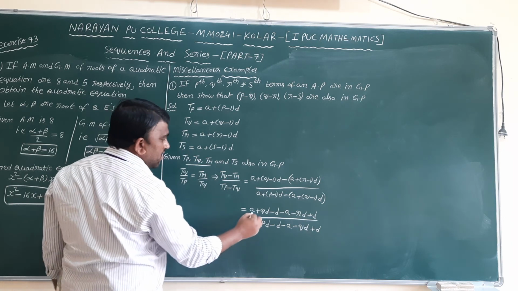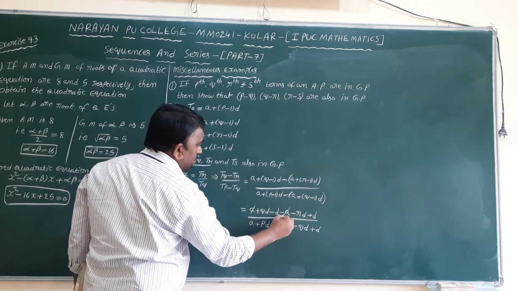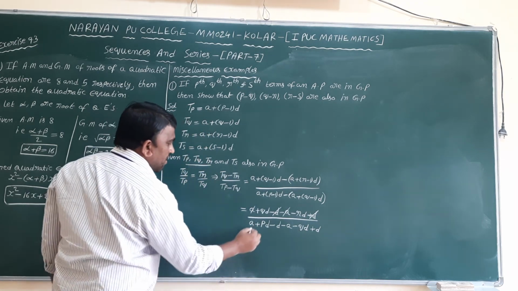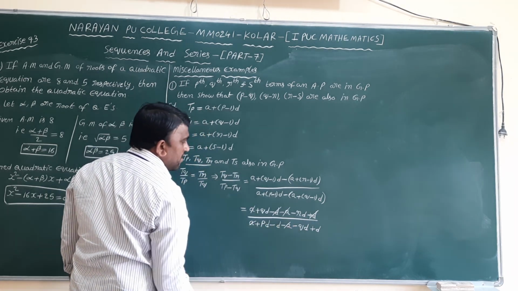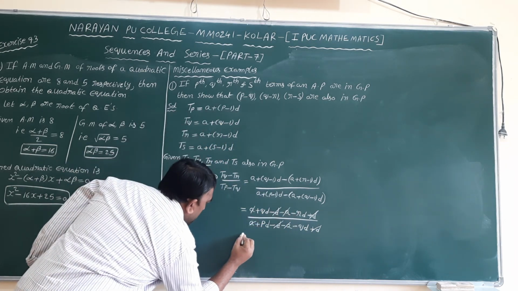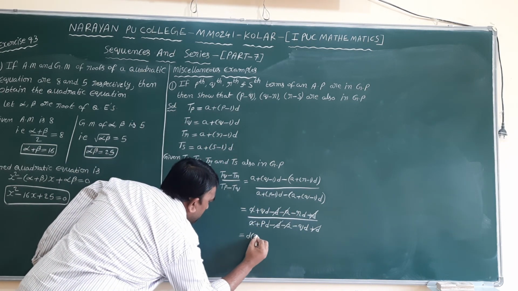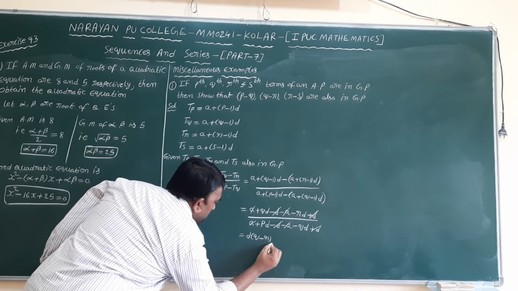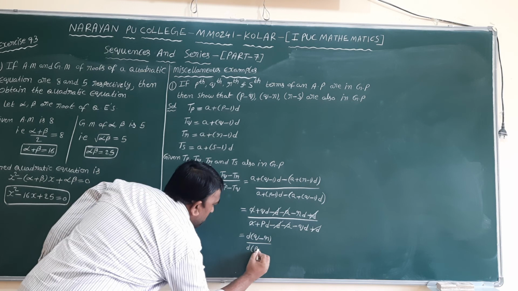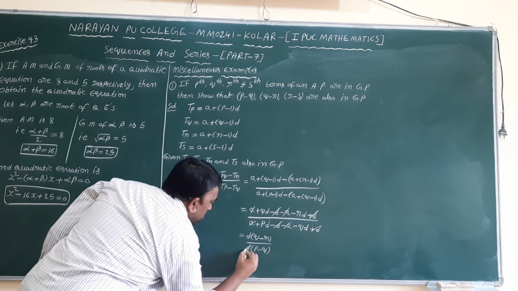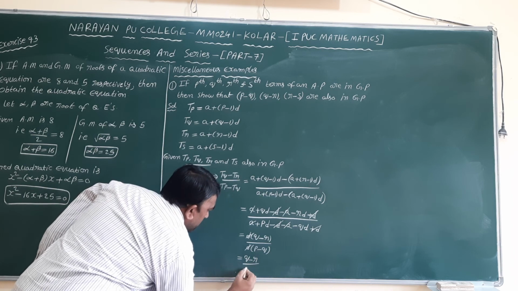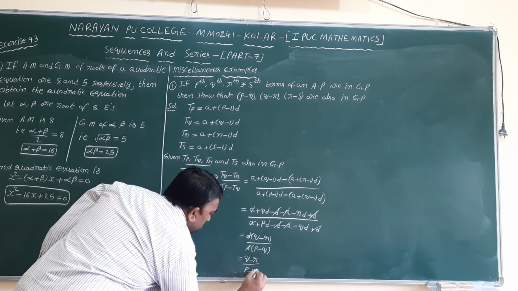Now which all cancel? Plus a minus a cancel. Minus d plus d cancel. Here also plus a minus a cancel, minus d plus d cancel. From this I will take d common. q minus r divided by, here I take d common, p minus q. So d cancels. q minus r divided by p minus q.